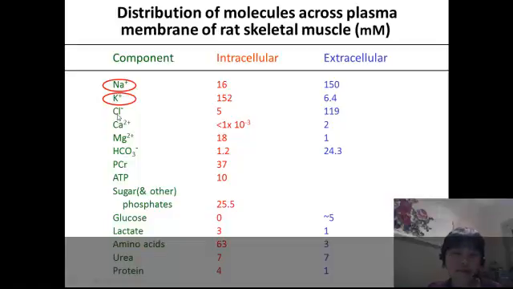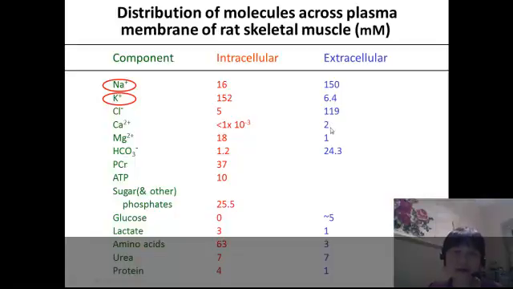And if we look at chloride, it has a similar concentration profile to sodium because they are going together. And calcium is an interesting one. Outside the cell, it has about 2 millimolar, and within the cell, the concentration is very, very low, below 1 times 10 to the minus 3 millimolar, which is usually 10,000 times lower within the cell than extracellular.